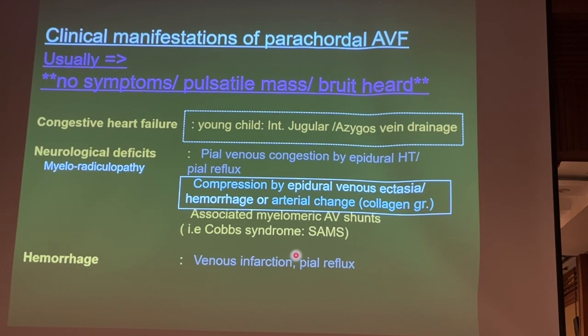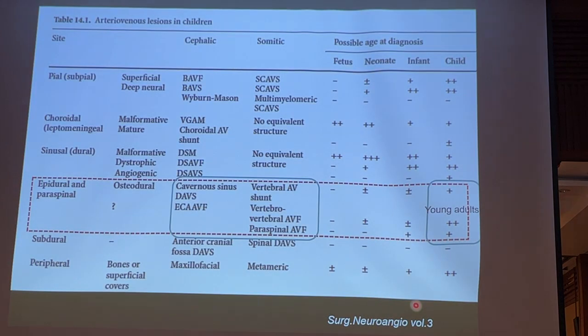And when the venous pouch gets bigger, it can cause compression to the nerve root or the cord itself. As I told you, there can be retrograde venous congestion. Remember, if you have some associated disease, for example, metabolic disease, that can also be the presentation.